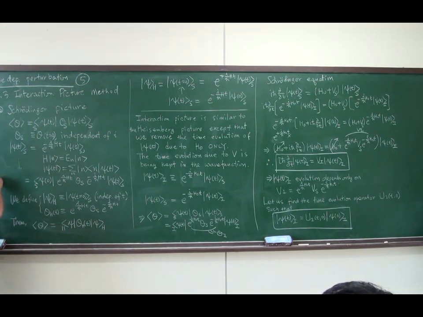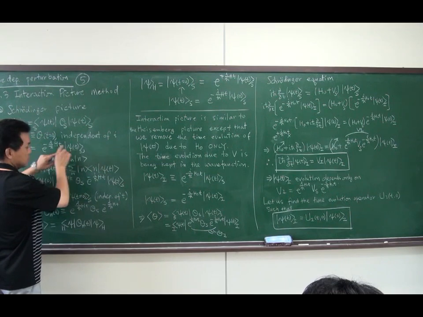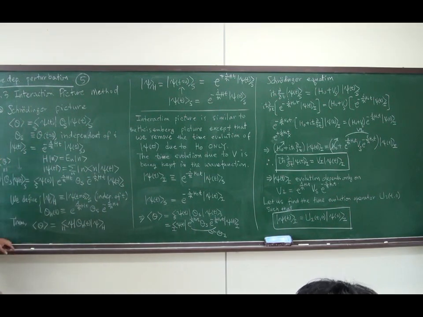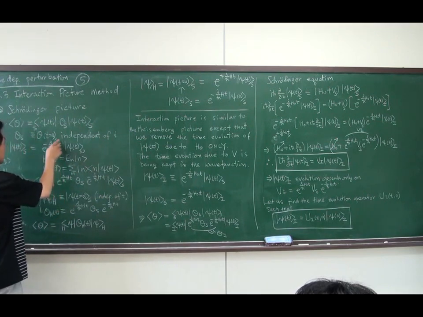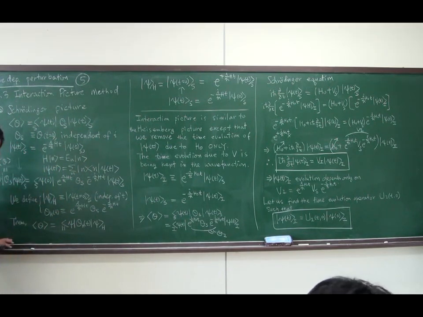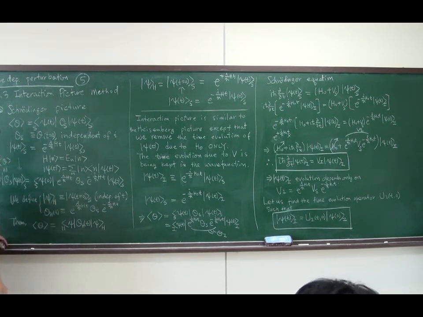We have the expectation value of an operator at time t, which can be expressed as, if we pull out this wave ket at time t equals 0, we write the time evolution operator in the Schrödinger picture, and its complex conjugate, Hermitian dagger.